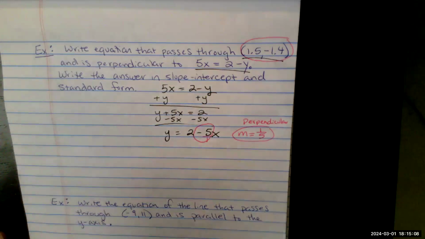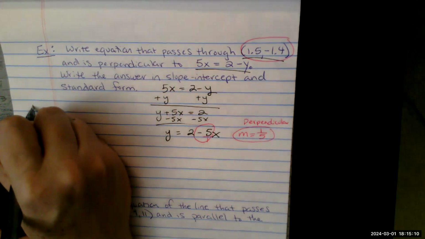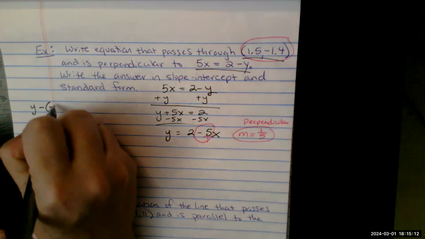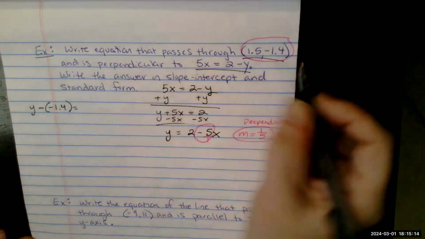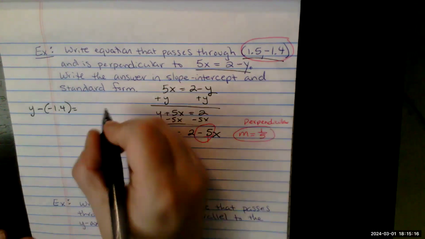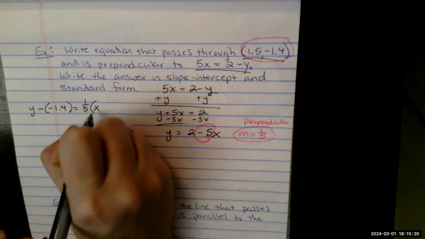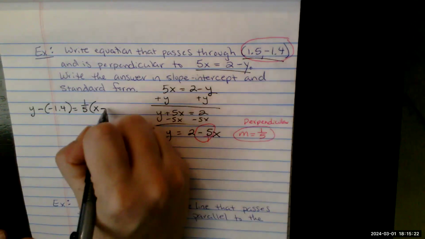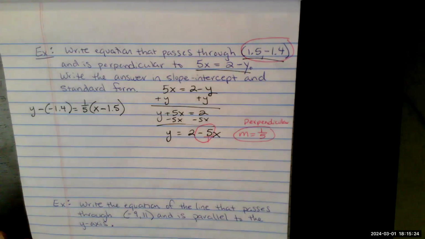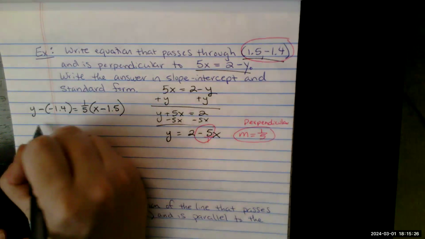Now I can start by using the point slope formula. So y minus the y, which is -1.4, equals 1/5 x minus the x, 1.5. Let's start moving stuff around.